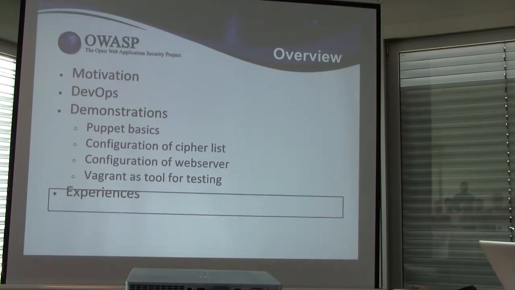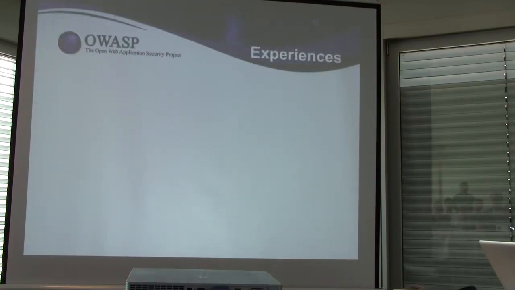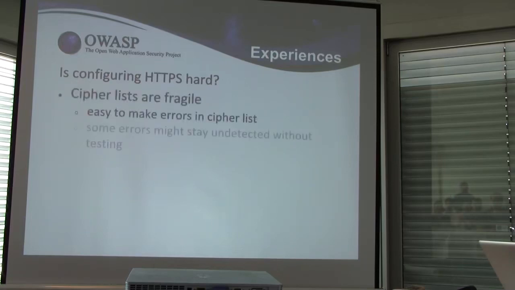Okay, for conclusions, we're going to talk about our experiences with this briefly. To sum up, is configuring HTTPS hard? I think we found it very hard. One of the hard things is to get a good cipher list, and specifying the cipher list with OpenSSL in Nginx and Apache, it's the same way, is rather fragile.